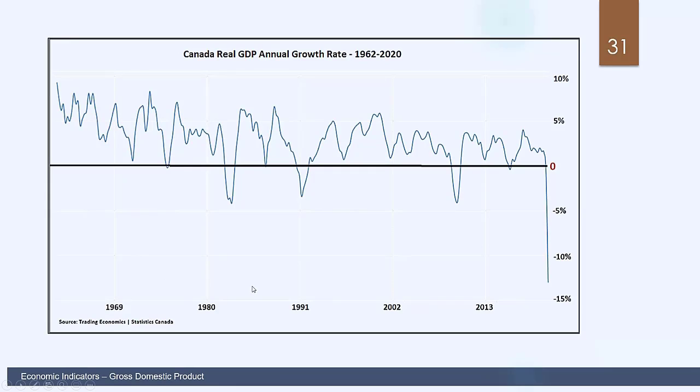Here is Canada's real GDP annual growth rate between 1962 and 2020. We can see that there are sharp jumps year over year, but for the most part, they are positive. So here is the line for 0, and we can see for the most part, the annual change in real GDP is positive. So what does that mean?